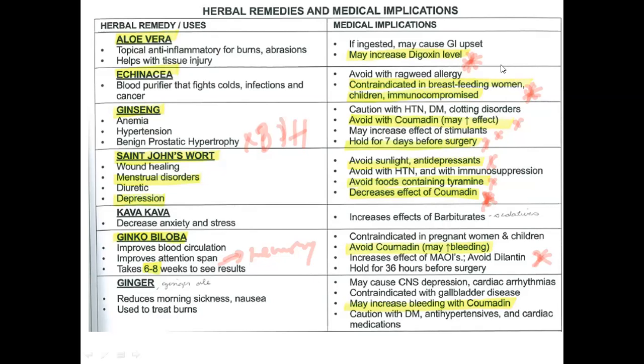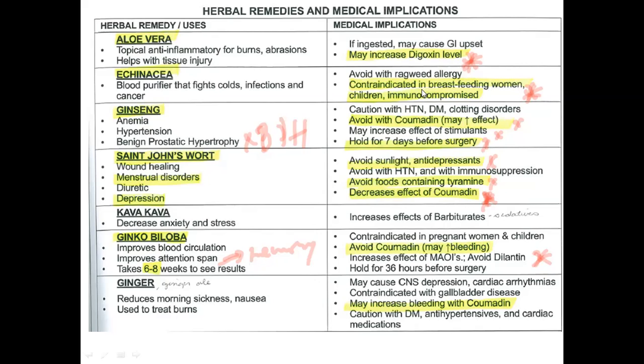Another one is called echinacea, a blood purifier. They are contraindicated if the mother is breastfeeding. So breastfeeding women are not allowed to take echinacea, right?